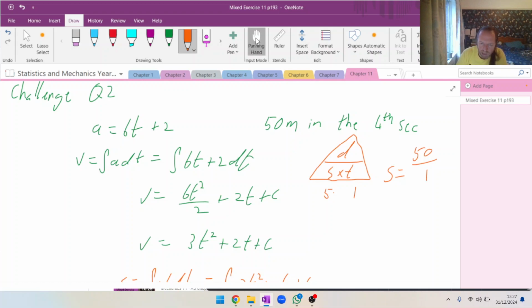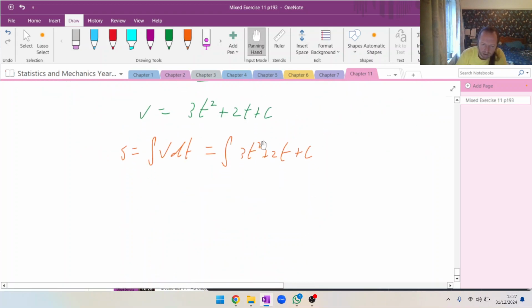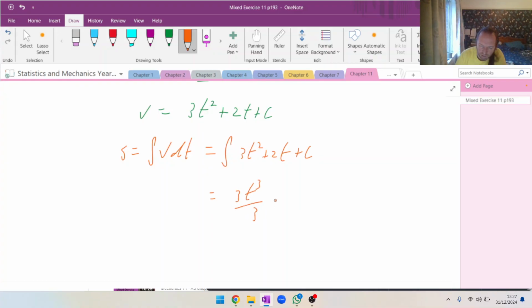We could try integrating even with the c on it, because the integration is straightforward enough. We end up with 3t cubed over 3 plus 2t squared over 2 plus ct plus another constant k. That's an S formula. Now then, we know its distance.